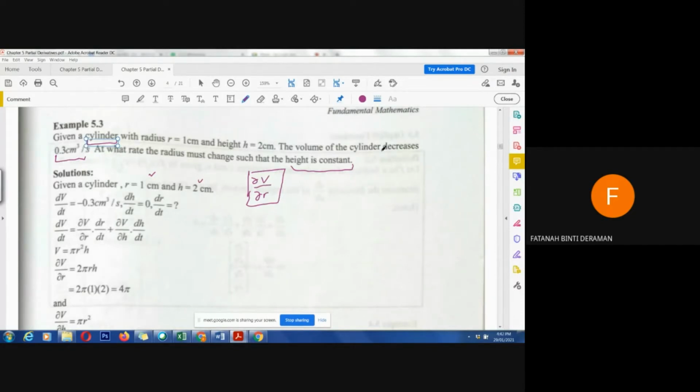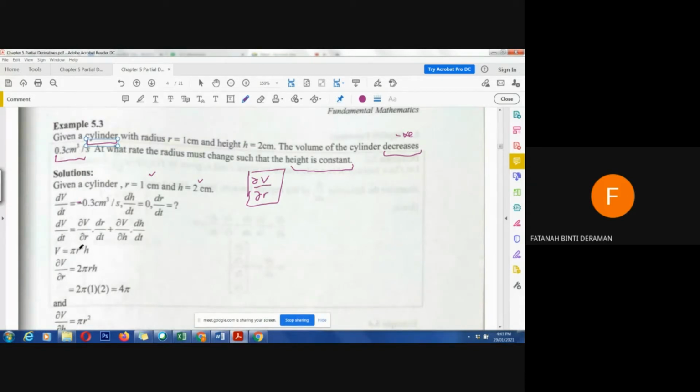Meaning here, cm cubed is V and per s is per second, so this represents dV/dt, and we put negative here because of decreasing. So they implement the negative notation here, and then dh/dt we have 0, but dr/dt we do not have the information. So what should we do?